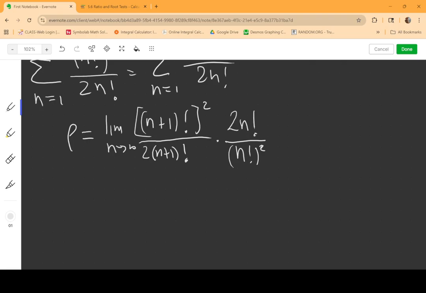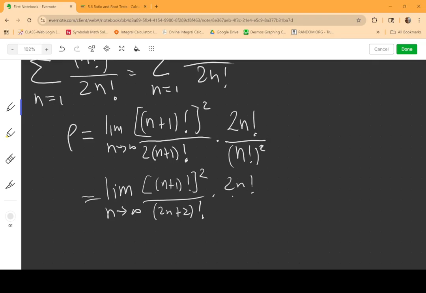So I'm going to use that here. One more intermediate step before I start simplifying. So here we'll have (n plus 1 factorial) squared, and I'll distribute that 2, so we get (2n plus 2) factorial, times (2n) factorial over (n factorial) squared.